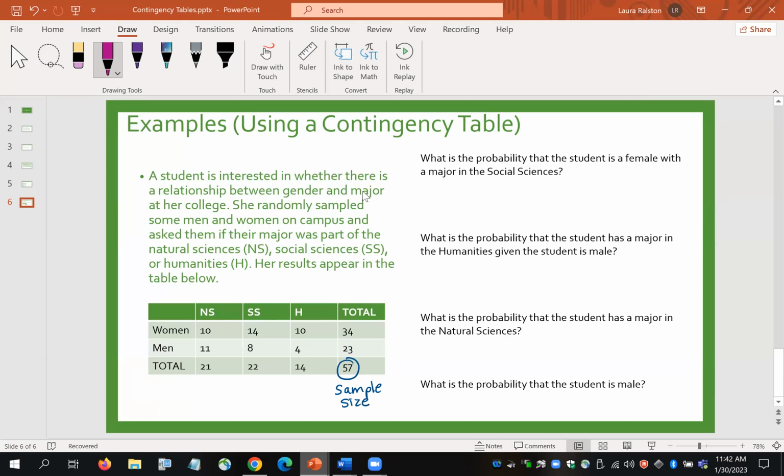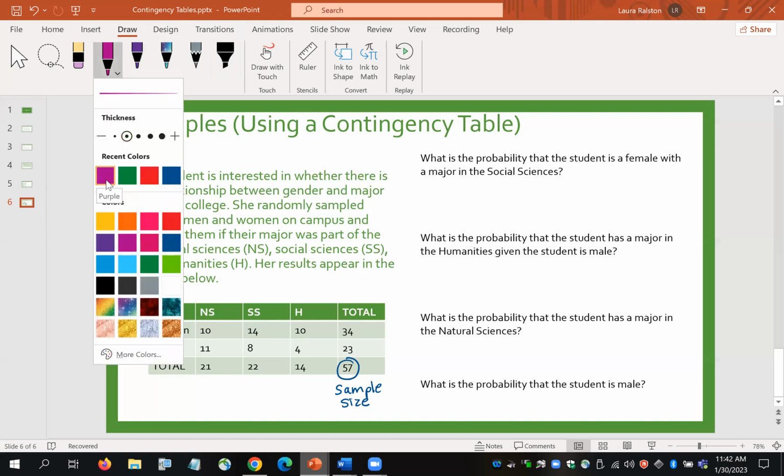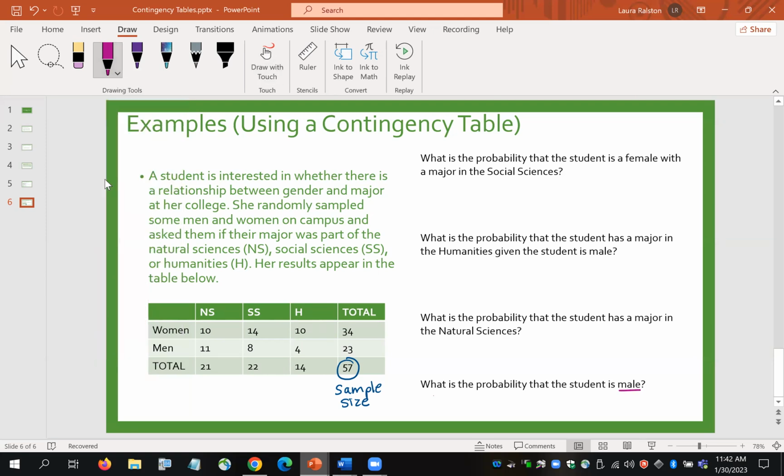Okay, so I'm going to skip down to the 4th question here to start with. It says, what is the probability that the student is male? So I'm only interested in male students. So I'm going to count the number of male over the sample size.